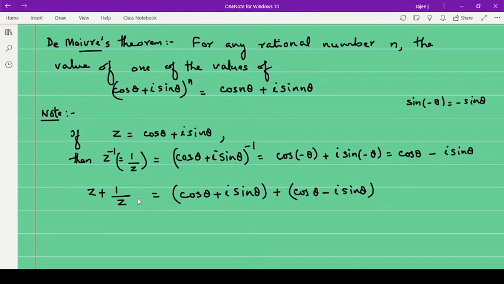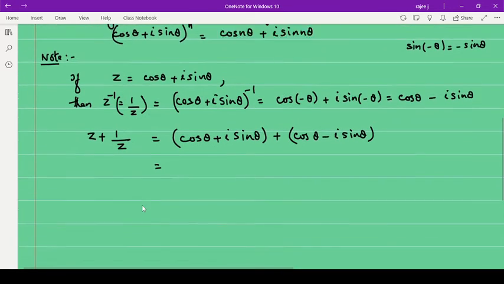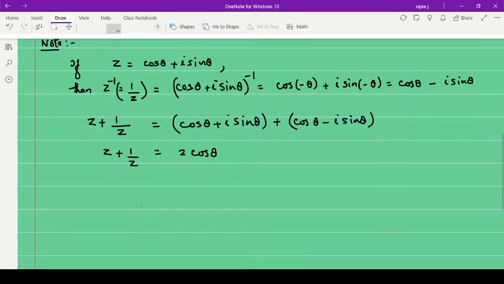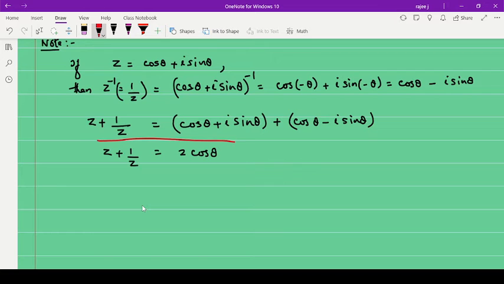Now plus i sin theta and minus i sin theta cancel, so cos theta plus cos theta, you are getting 2 cos theta. So z plus 1 by z is equal to 2 cos theta. This you have to learn as a formula.